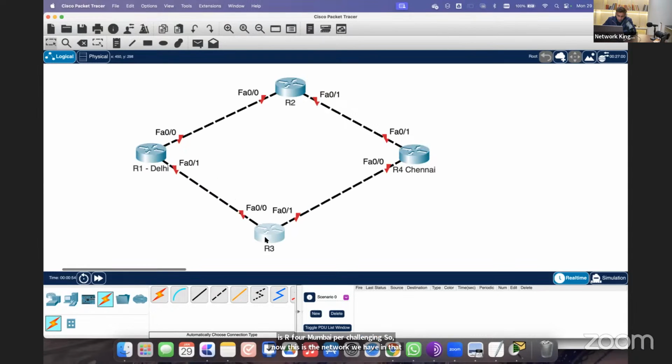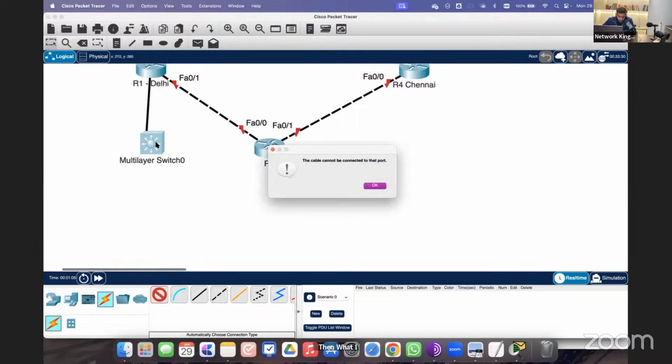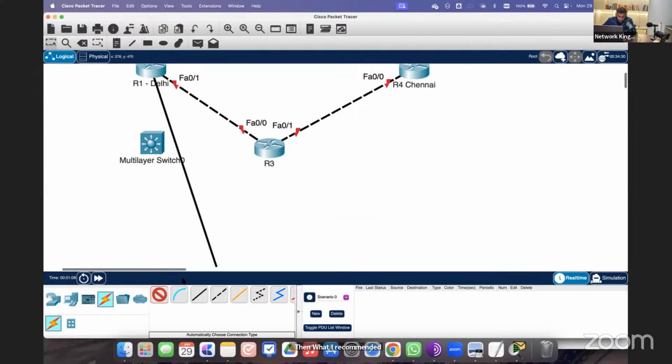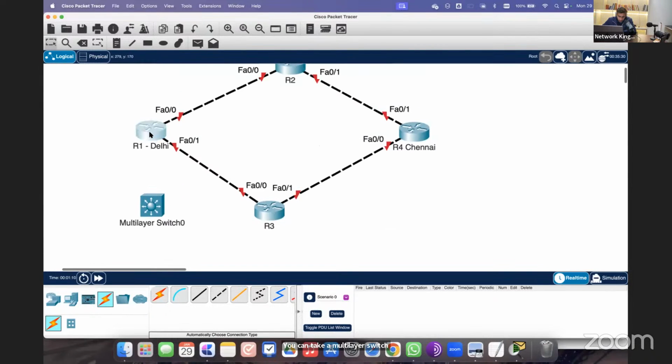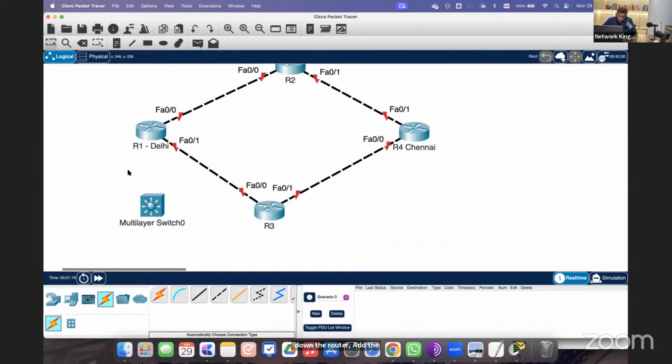So now instead of loopback, if you are confused about loopback, then what I recommend is you can take a multilayer switch here. If you have any cable problem, just go to the router, shut down the router, add the slot NM-2FE, network module 2 Fast Ethernet. 2 extra Ethernet ports turn on.